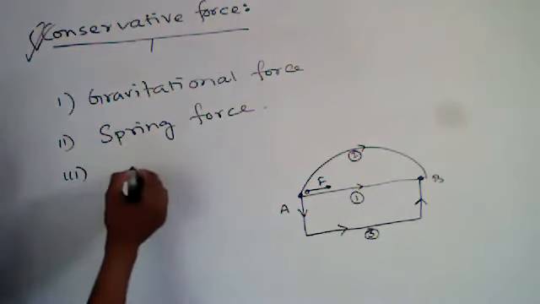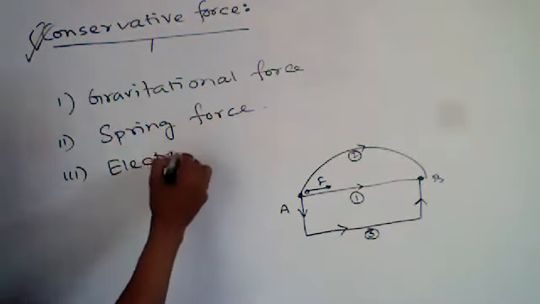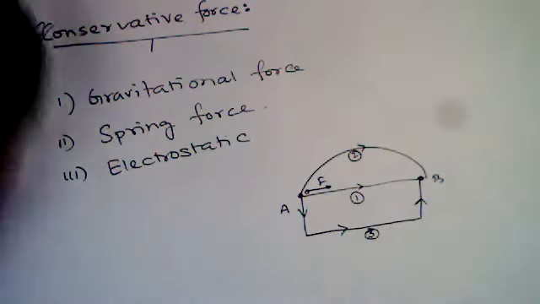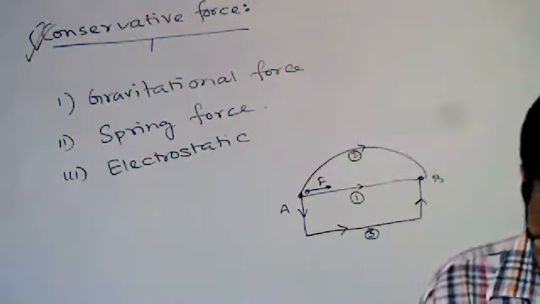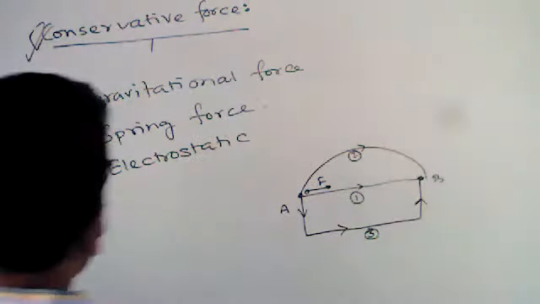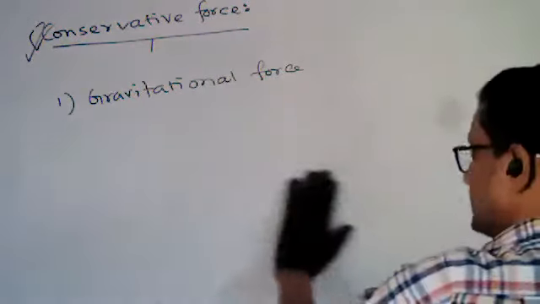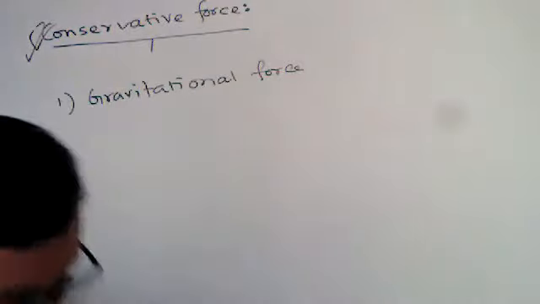Number 3, electrostatic force. They are conservative forces. Why are they called conservative forces? Come on. At first we discuss the gravitational force. Then we can discuss a short technique for how you can calculate with the conservative force.